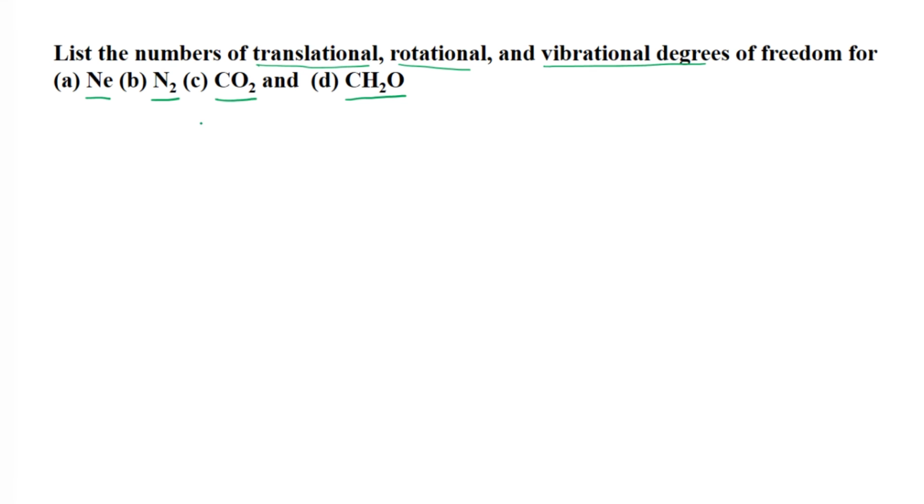Let us say we have the molecule, then we have the translational degrees of freedom, the rotational degrees of freedom, the vibrational degrees of freedom, and the total degrees of freedom, that is given by 3n. So, for A we have neon, B we have nitrogen, C we have CO2 and D we have CH2O.